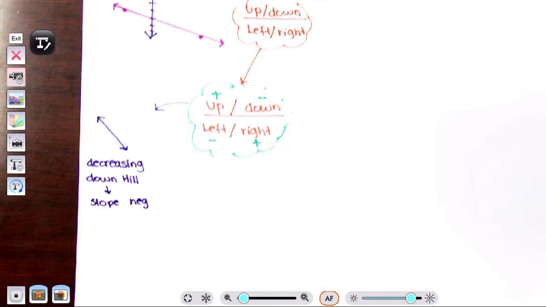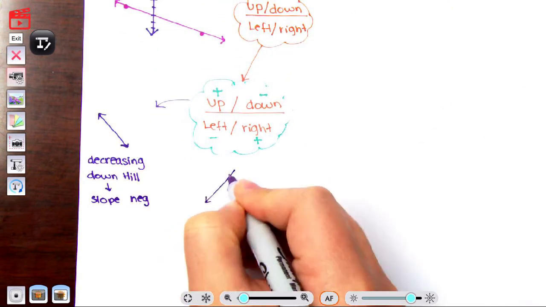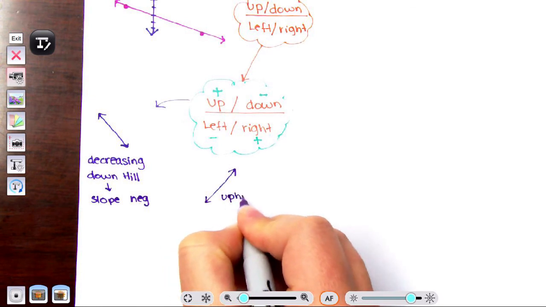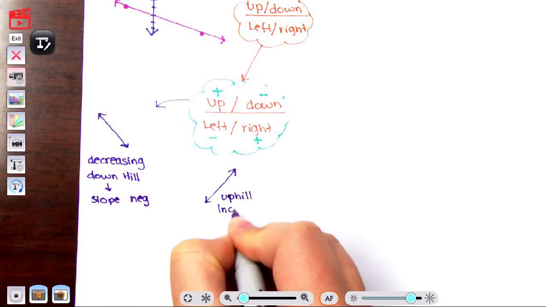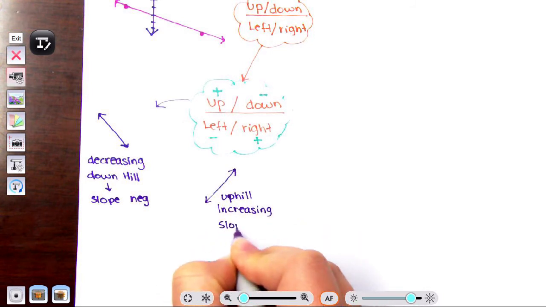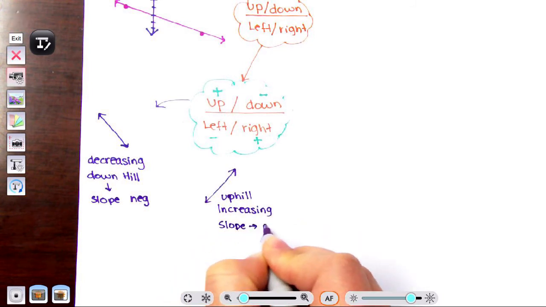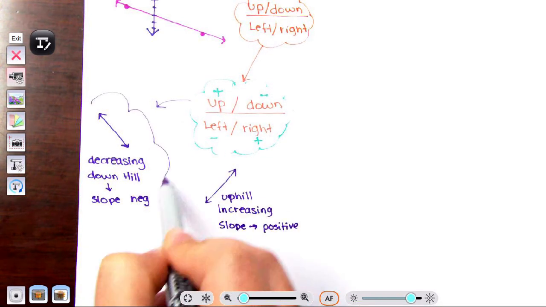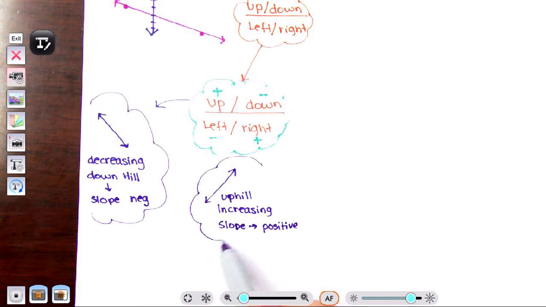If you have a slope that is increasing or going up, that means your slope is positive. So decreasing, going downhill, is negative, going uphill is positive.